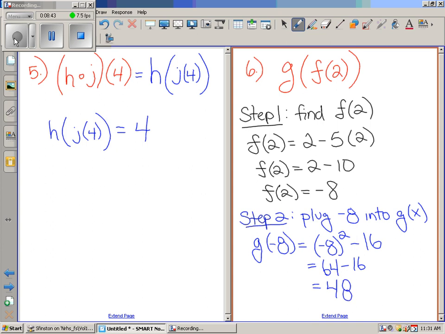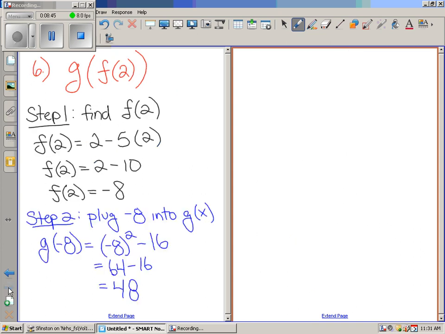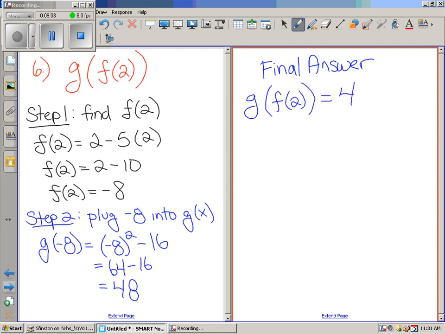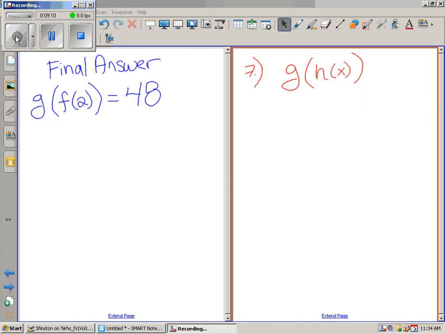So our final answer is that g of f at 2 equals 48. Piece of cake.